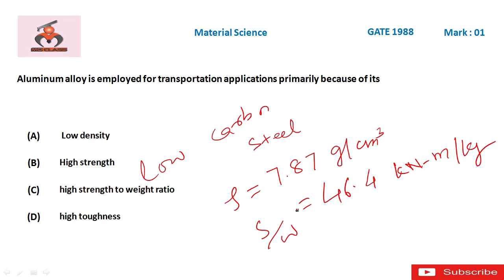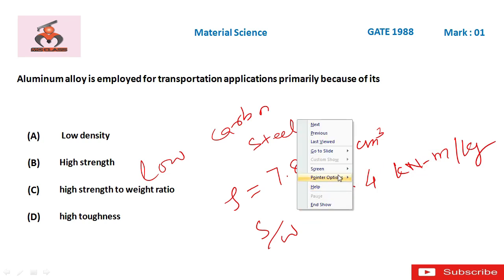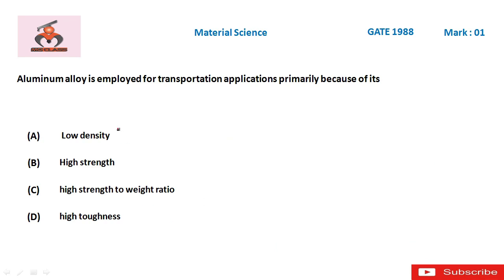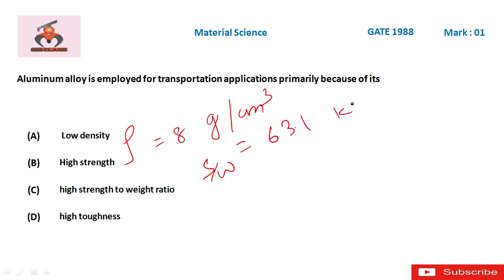Similarly, for stainless steel, the density is around 8 gram per centimeter cube, and the strength to weight ratio is 63.1 kilonewton meter per kg.